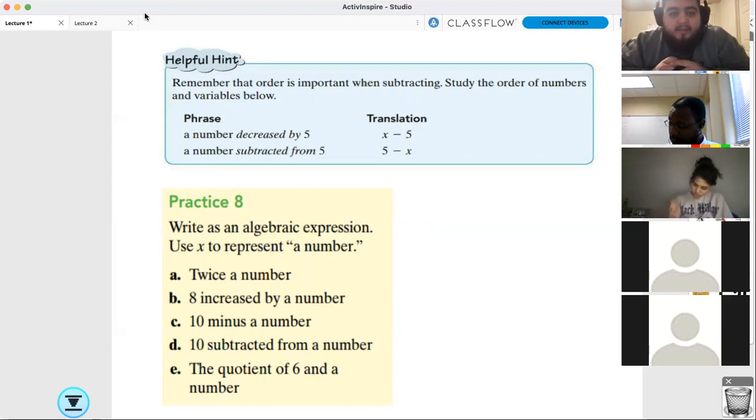So practice 8 reads, write as an algebraic expression, use x to represent a number. Problem letter A, twice a number. B, 8 increased by a number. C, 10 minus a number. D, 10 subtracted from a number. And E, the quotient of 6 and a number.